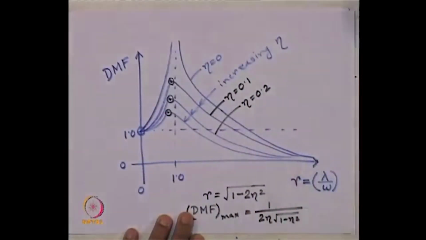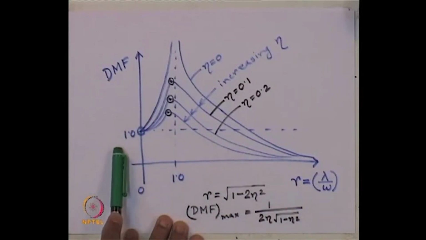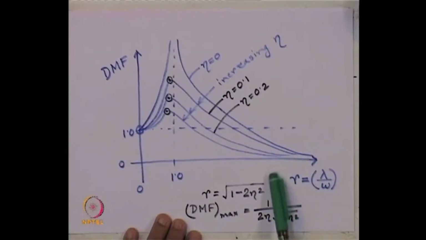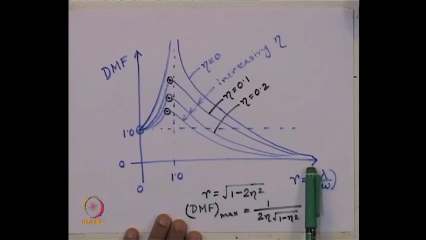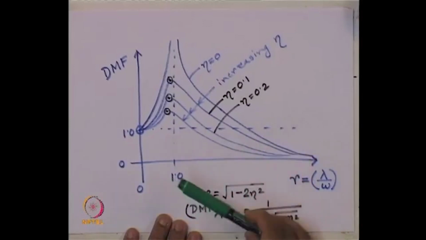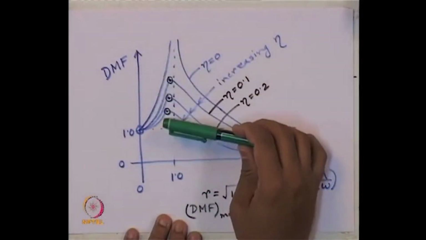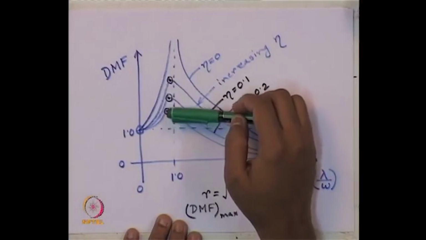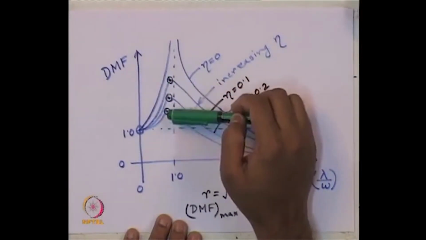In the design of your foundation system, which is subjected to a harmonic excitation like this, whether you have DMF very close to 1, or an R value very much less than 1 or very high, you can control that by changing either the stiffness or the mass, and if you control the damper, you will get a change in the peak value of the dynamic magnification factor.